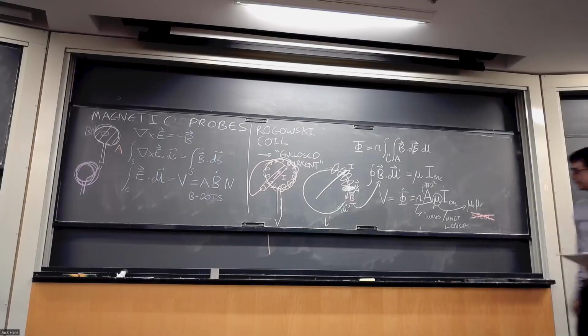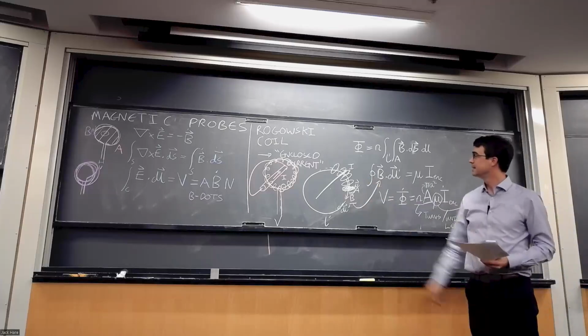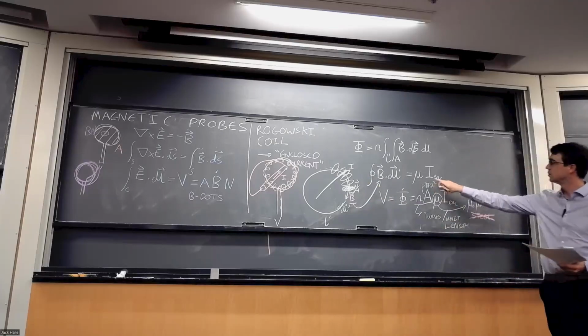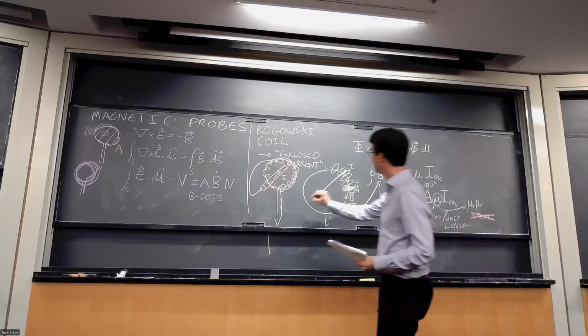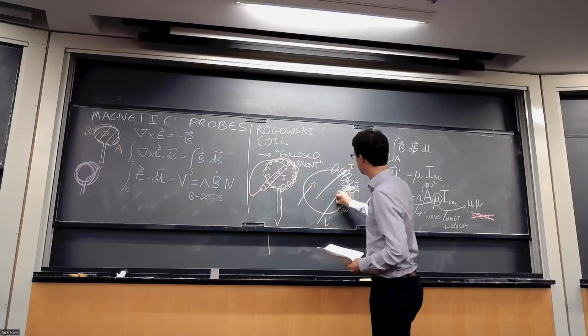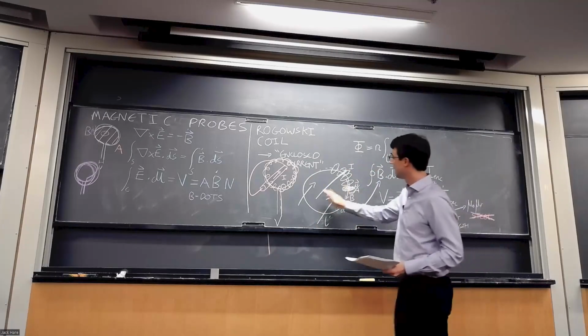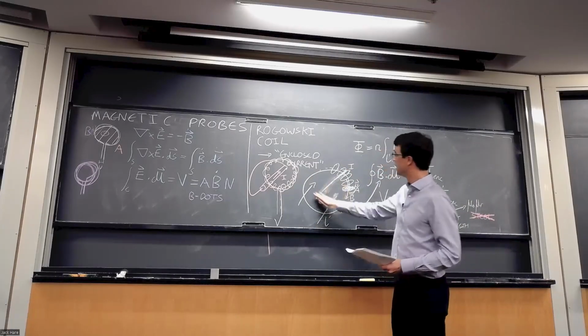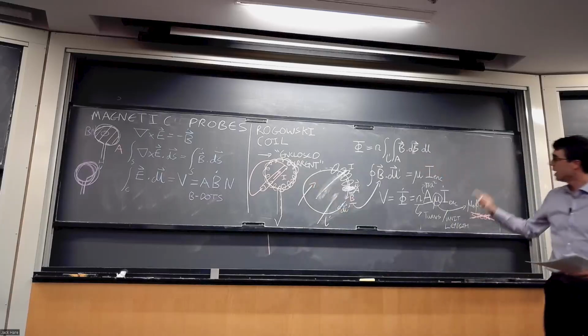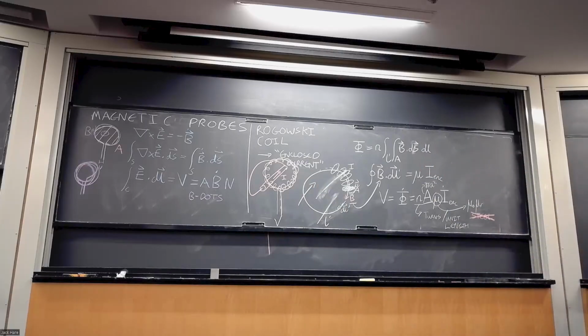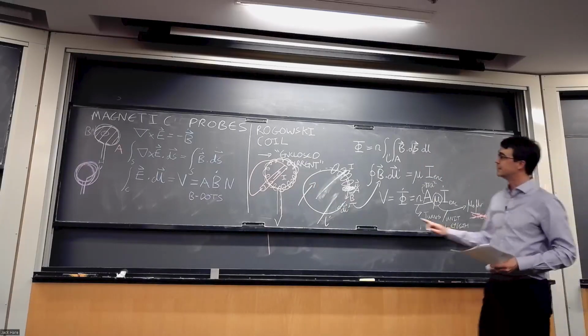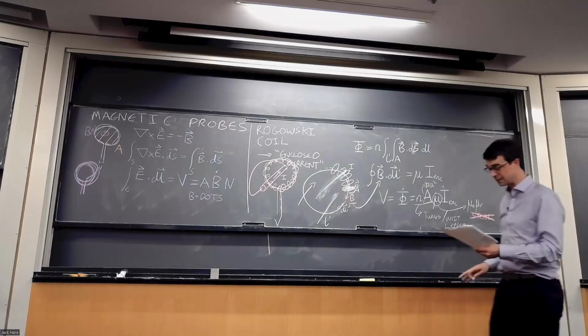The nice thing about this is it doesn't matter where the current is inside here. Remember, Ampere's law just talks about enclosed current. I could split this up and have two conductors like this. I could just have one conductor over all the way on one side. I would still get the same signal out of this. That's nice because it means I don't really need to know the exact location of all the conductors inside here.